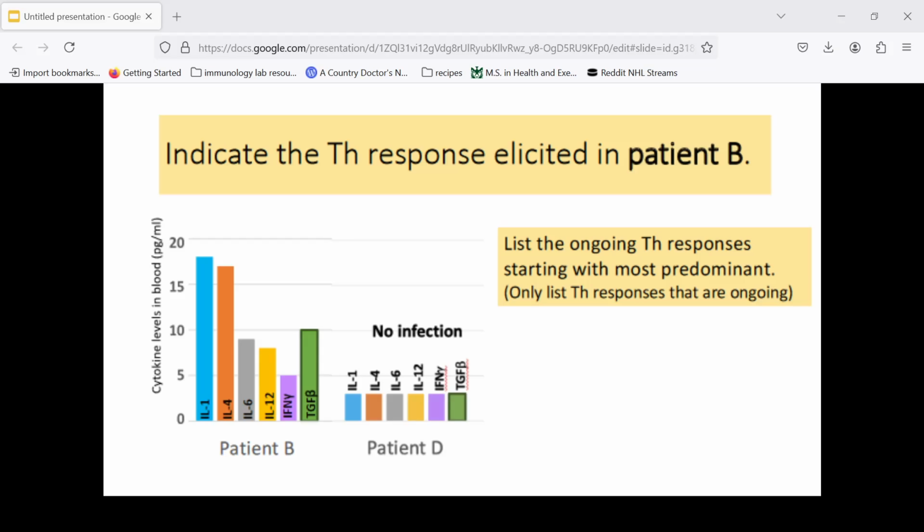So when we see these questions, our first step is deciding if it's TH1 or TH2, because primarily it's going to be one of those. That means we're going to start by isolating our relevant cytokines to TH1 and TH2, which are IL-12, IFN gamma, and IL-4.